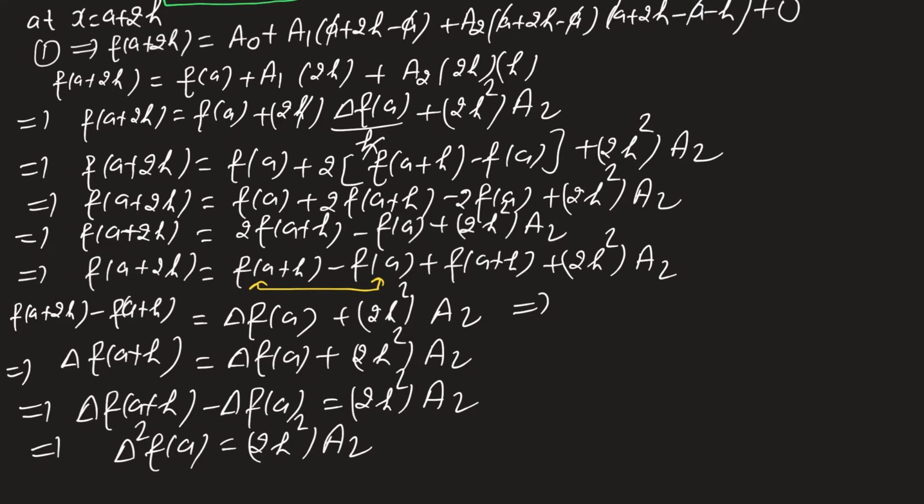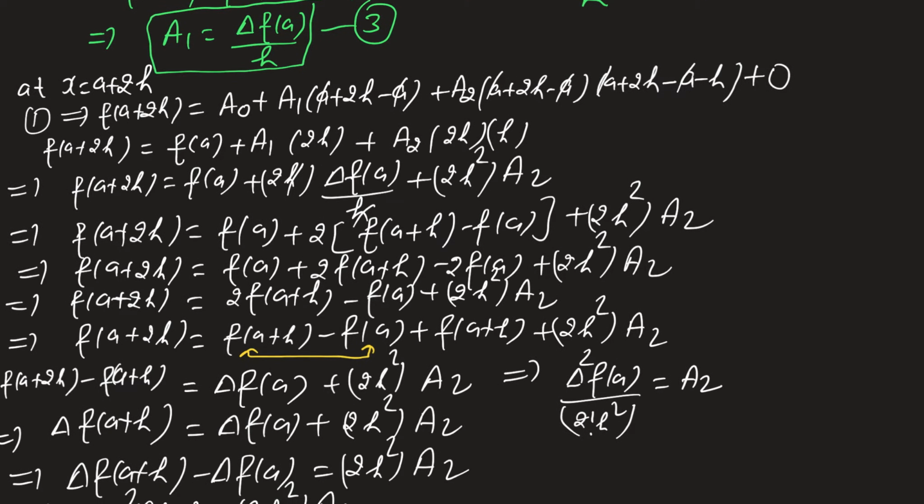So this Δ²f(a)/(2h²) is equal to a2, and 2 can be written as 2 factorial. So if you see, for a2 here is Δ²f(a) over 2 factorial h², and for a1 it is Δf(a) over 1 factorial h¹.